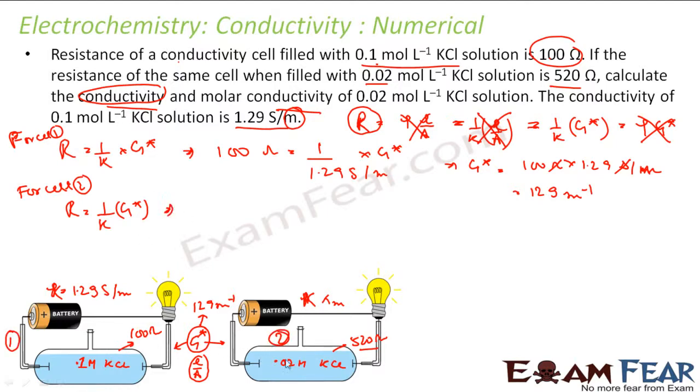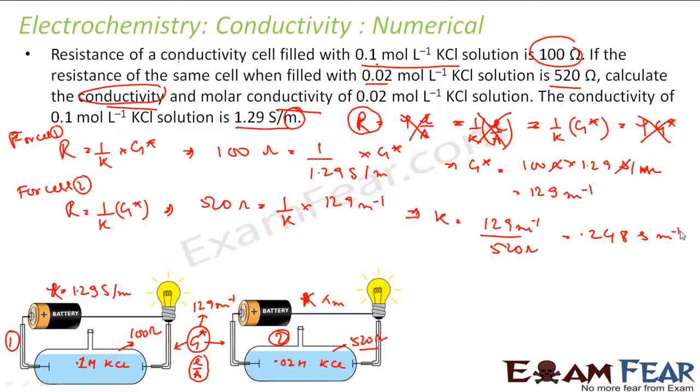For cell 2, resistance is given, 520 ohms is equal to 1 by K, I don't know, into G star, which I know, 129 per meter. So you solve this, you get K as nothing but 129 per meter by 520 ohms. You solve this, you get 0.248. 1 by ohm is nothing but Siemens, and per meter is there. So this is my conductivity.